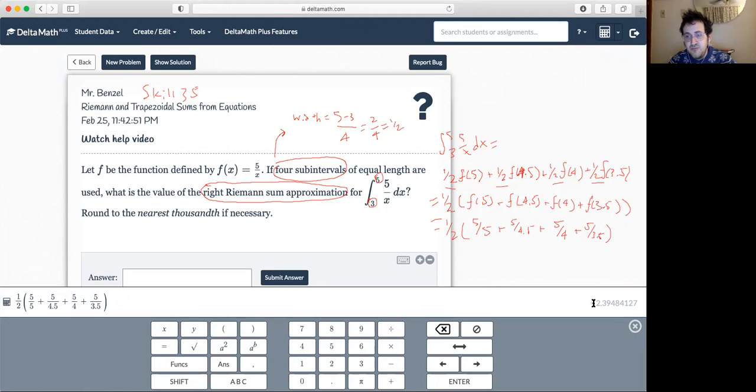And we get 2.3948. It says round to the nearest thousandth, so that means 3 decimal places. So we're looking at about 2.395.